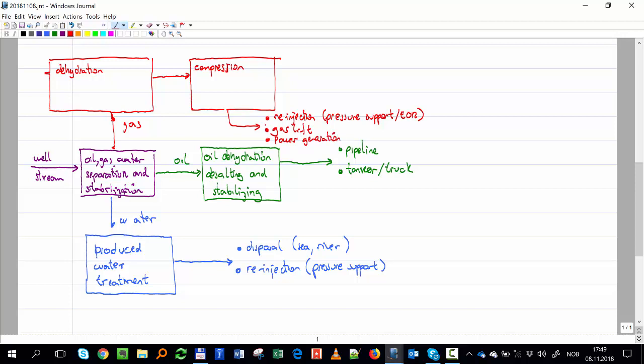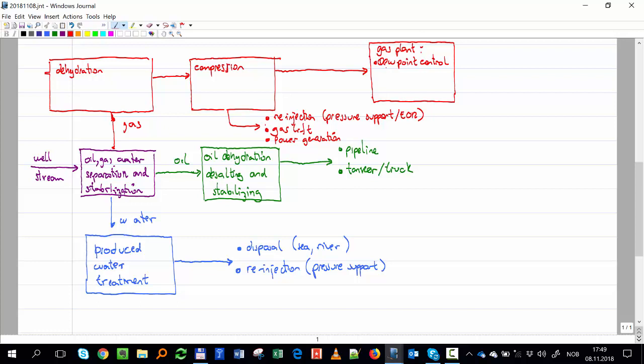After that, if I'm exporting gas, it will usually come to another place, the gas plant, where I have a few processes. One of them is dew point conditioning, dew point control.